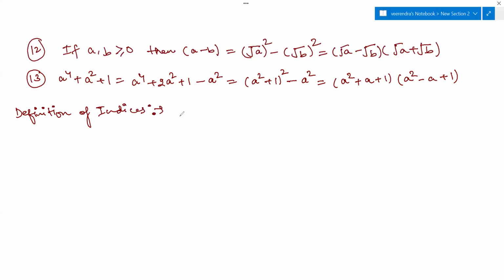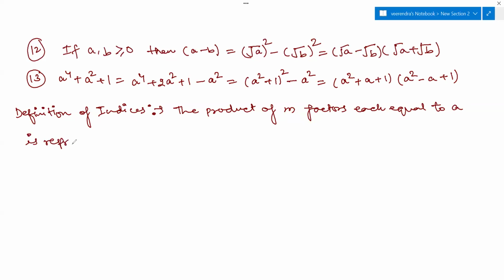The product of m factors, each equal to a, is represented by a power m.